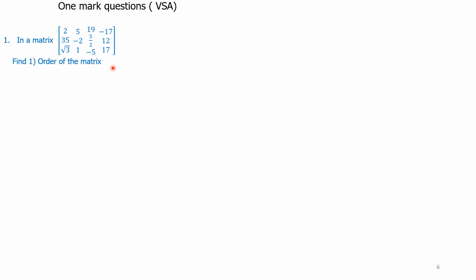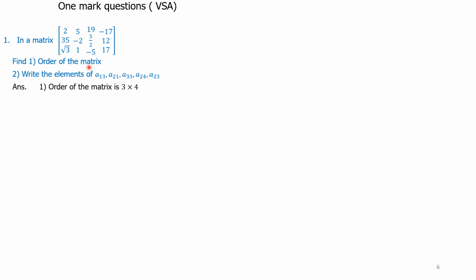Find part 1, the order of the matrix. Part 2, write the elements A13, A21, A33, A24 and A23. Answer.